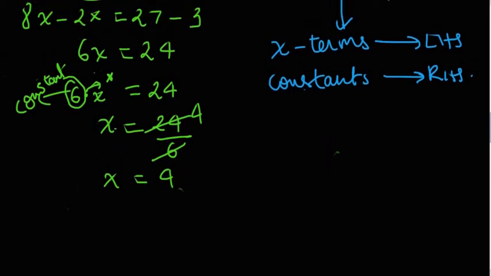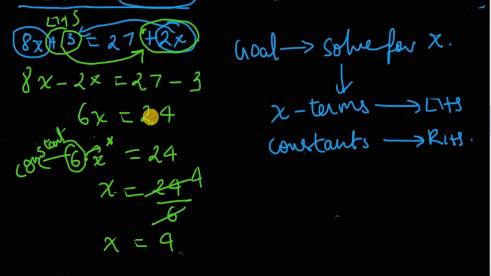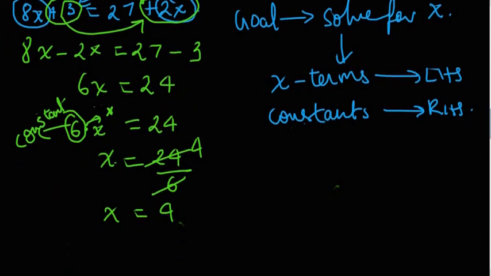So this is how we can solve that problem. Okay, so whenever there is a number with multiplication, you have to convert it into division to the other side. Okay, so let's look at another problem, that is 5x plus 7 equals 2x minus 8.